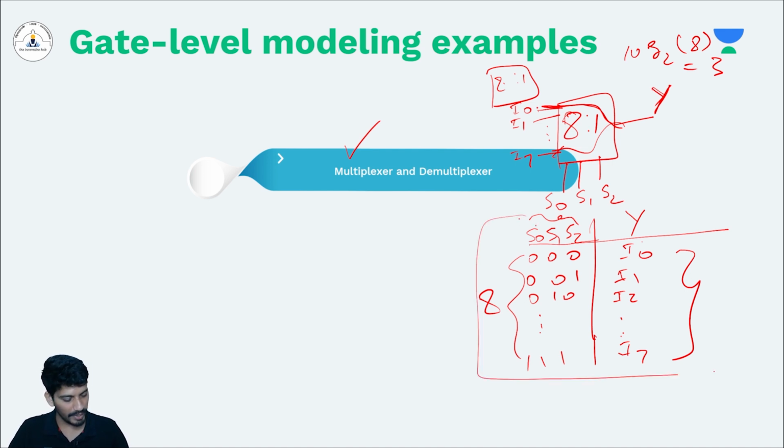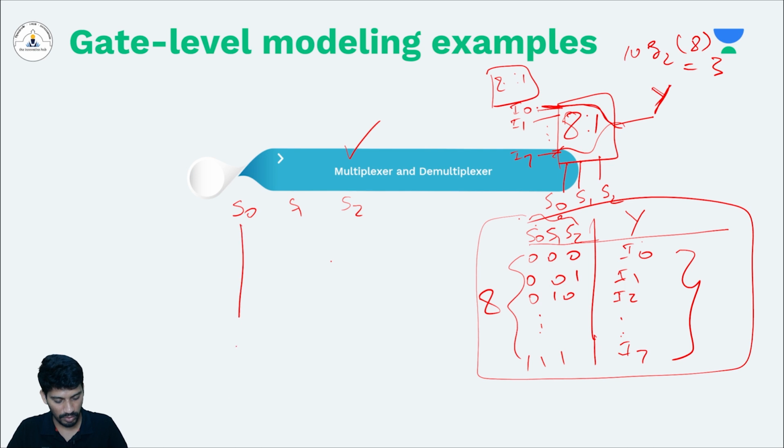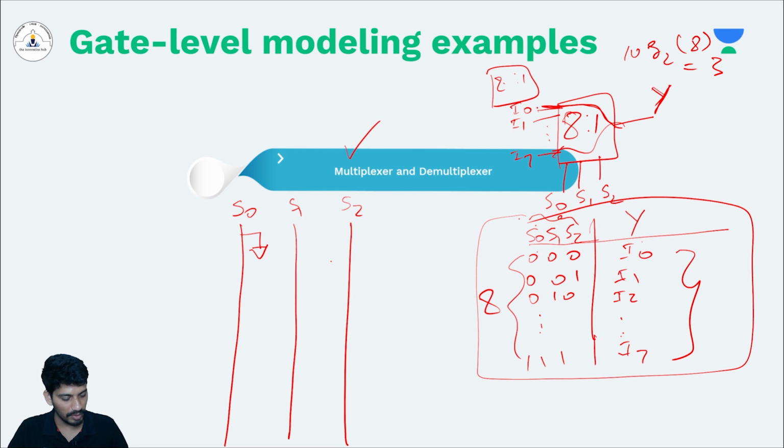So how to do that using logic gates? Let's see the logic diagram of this 8-to-1 multiplexer. We have 3 inputs S0, S1 and S2. Let's draw the 3 inputs, and we will require the complement of these inputs because S0 will have both 0 and 1 conditions.